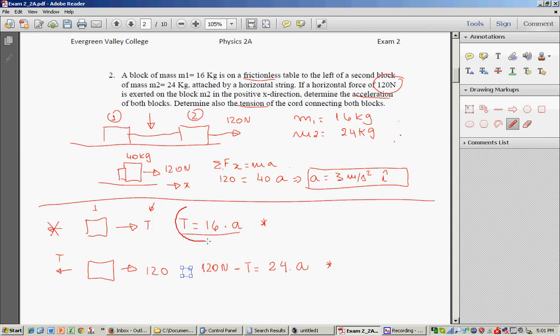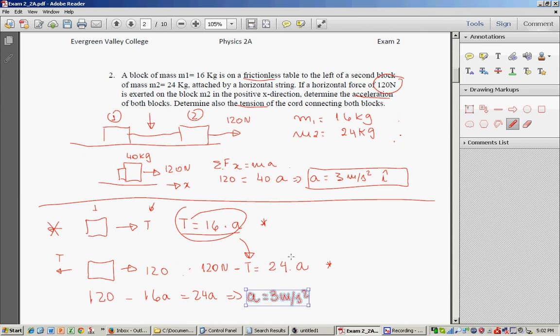Well, one thing we can do is take this tension value and plug it directly in here, and that's what I will do now. So 120 minus 16A is equal to 24A, and if we add 16A to both sides of the equation, we end up finding our acceleration to be 3 meters per second squared.